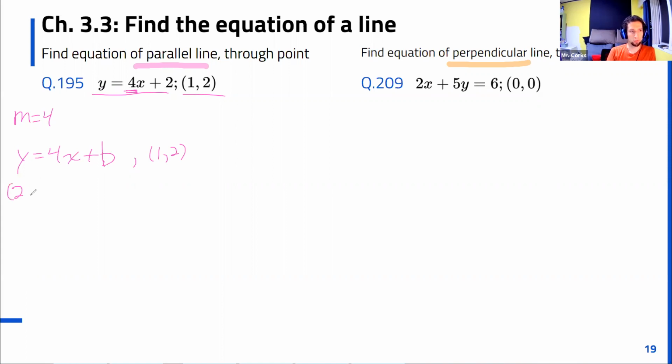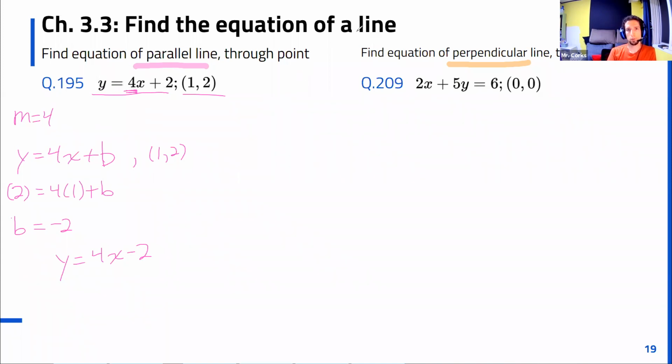So 2 equals 4 times 1 plus b, and we'll skip straight to this here. So our b is going to be 2 minus 4, which is negative 2. Let me write this out here: y equals 4x minus 2.